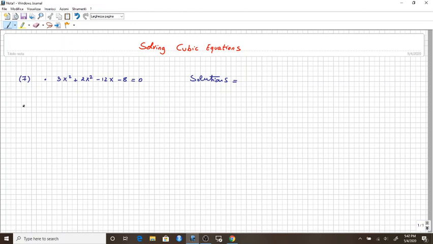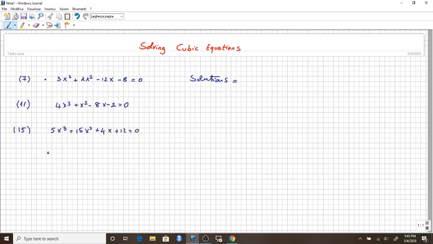Then in my paper I have problem number 11, which I can give you the solution. So here the problem is 4x cubed plus x squared minus 8x minus 2 equal to 0. And then I'm going to give you problem number 15 to work, whose equation is 5x cubed plus 15x squared plus 4x plus 12 equal to 0.